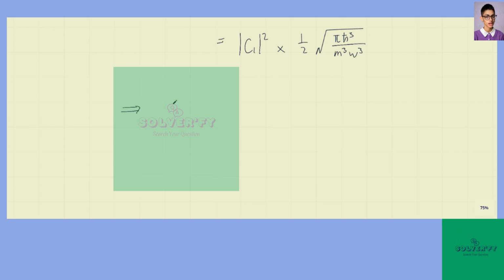And so rearranging, we get the constant c1 to be 4 m cubed omega cubed divided by pi h bar cubed, all to the power 1 over 4.